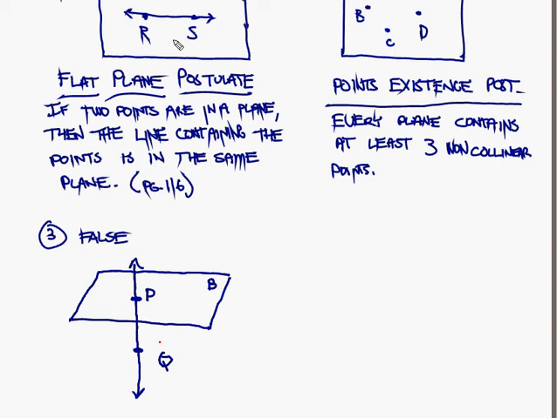It states plane A and B intersect. Their intersection is a line, and that absolutely is true.